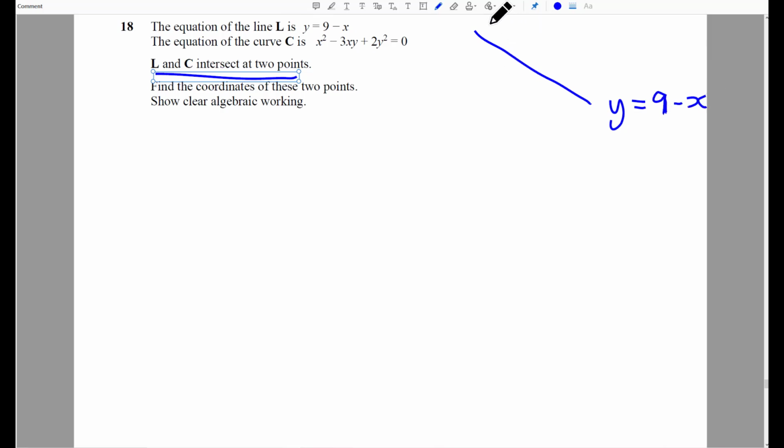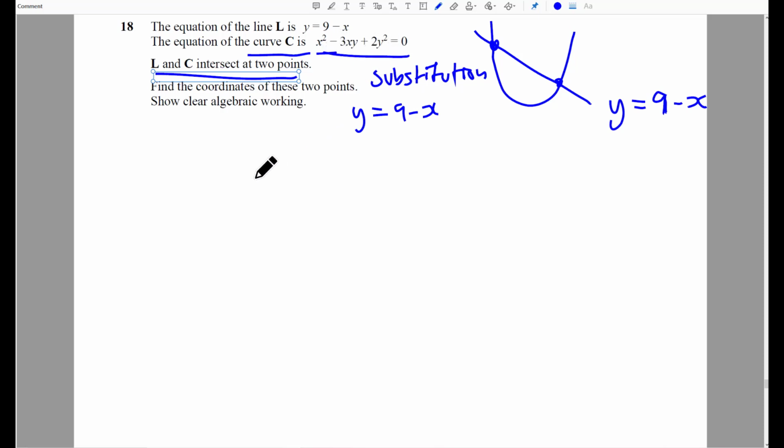The other curve is going to be a quadratic like this, and it's going to connect at 2 points. Yeah, that's a curve. You can see that's a quadratic because the highest power is a squared. So we're going to use some substitution here and use y equals 9 minus x to sub into this line here.